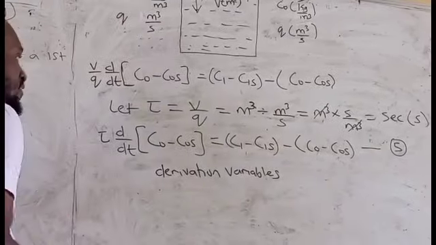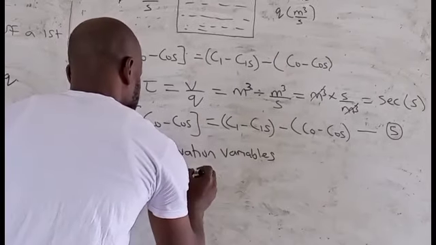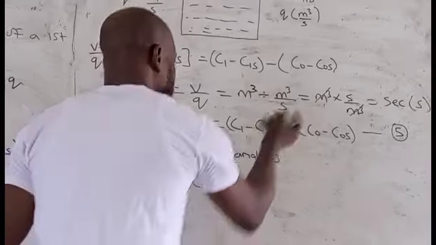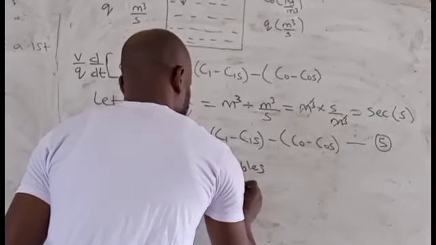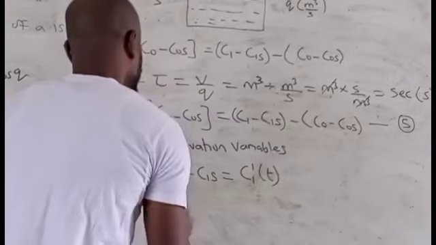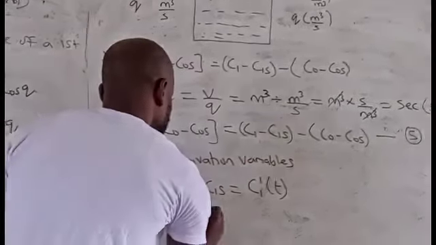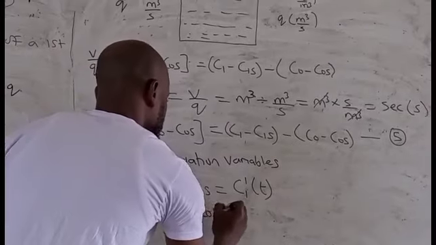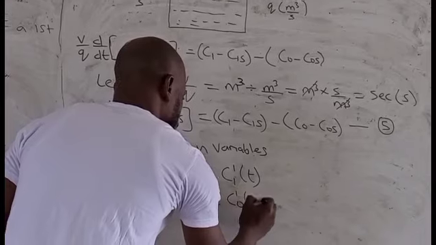When I introduce deviation variables, C1 minus C1S will give you C1 prime of t. If I do the same thing here, C0 minus C0S will give me C0 prime of t.